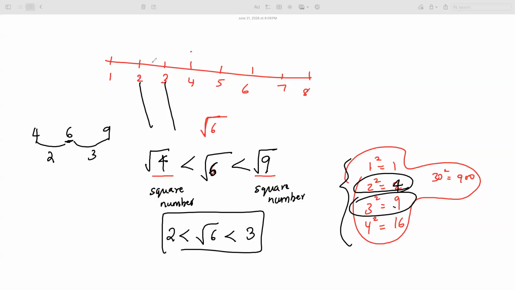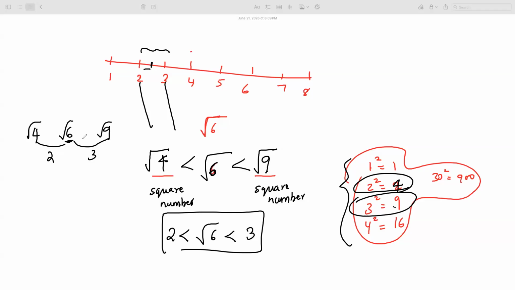No. What do you think then? 2.5 is here. Is it to the left or the right? It's closer to 4. Yeah. We are discussing square root of 6 is between 2 and 3.